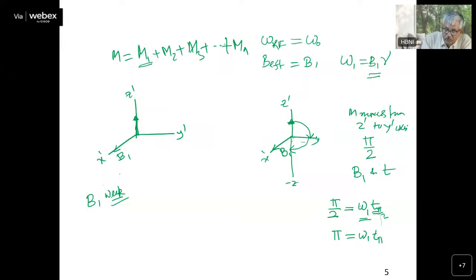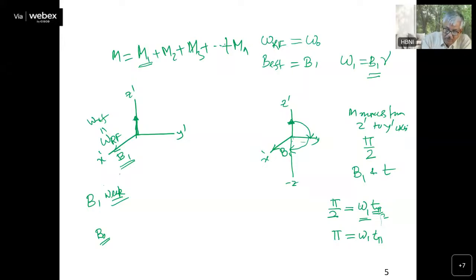So in this way, if you change the B0 slowly. You can change B1 also and B0 also, but now we keep omega RF, I will call that omega radio frequency, constant and change the B0, so that slowly all nuclei will come under resonance and you can detect it.